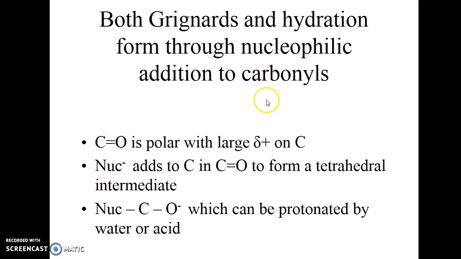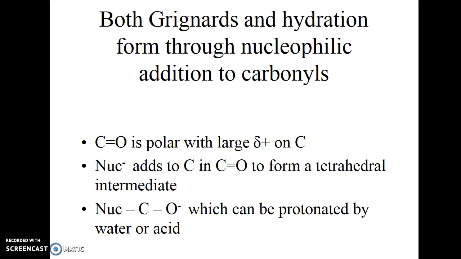When we have hydration, you also have the carbonyl being attacked by either hydroxide in base catalyzed hydration or with water in acid catalyzed hydration.